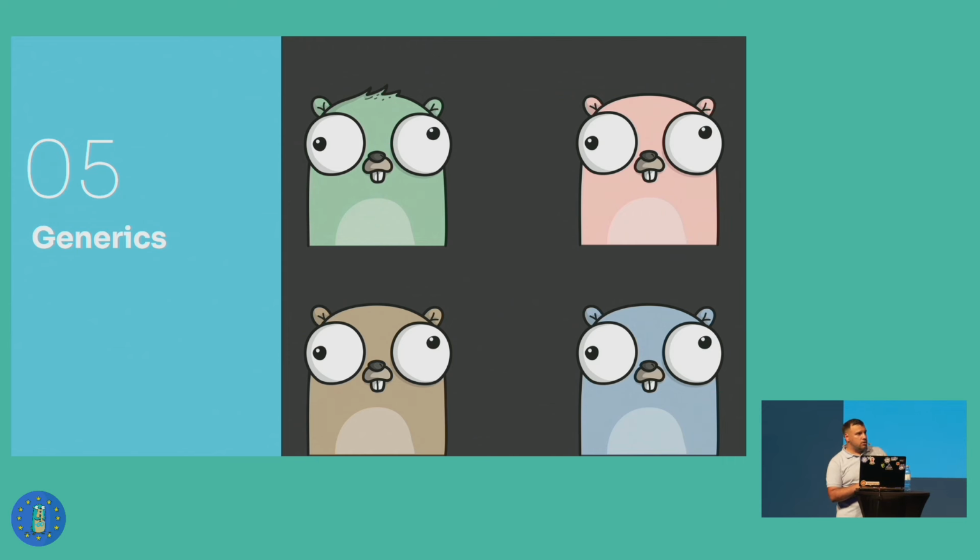Because when I started in 2018, generics wasn't released yet. But with time, when I started working with Go in production, it seemed like a good decision that it doesn't complicate your code.